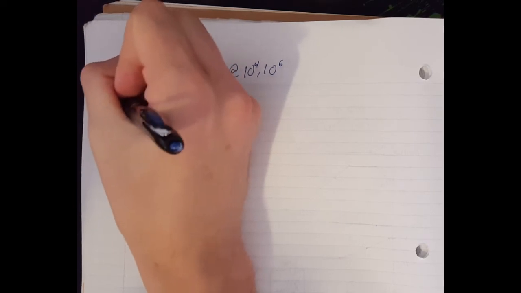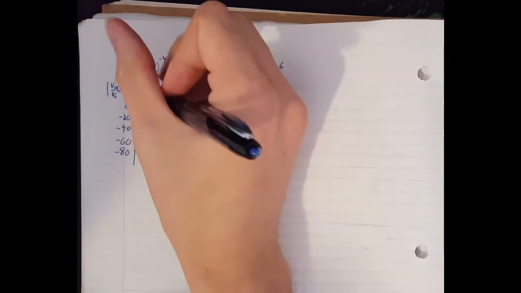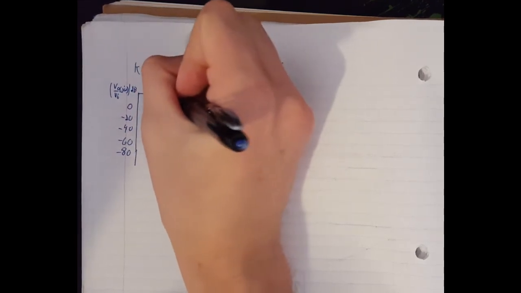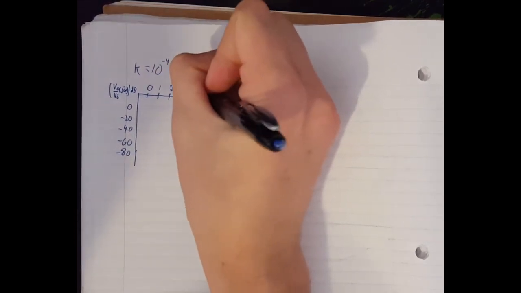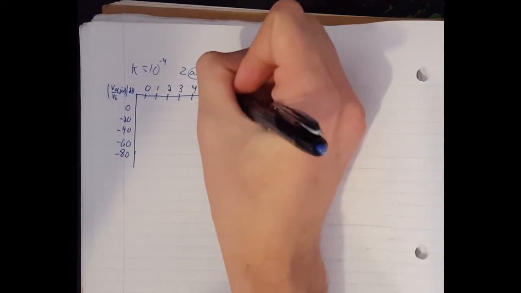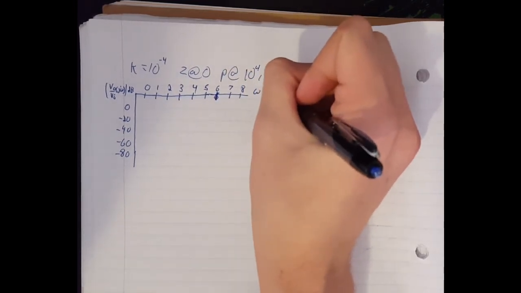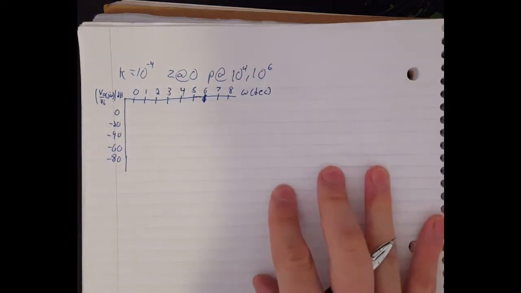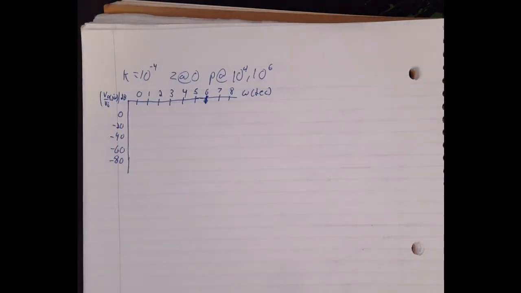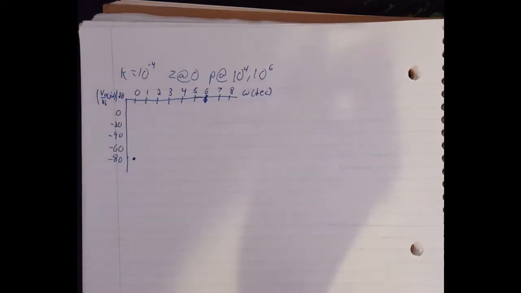So this is V out over V in, J omega, magnitude in decibels. And this is frequency in decades. So 10 to the negative 4th is the same as negative 80 decibels at 0 decades.